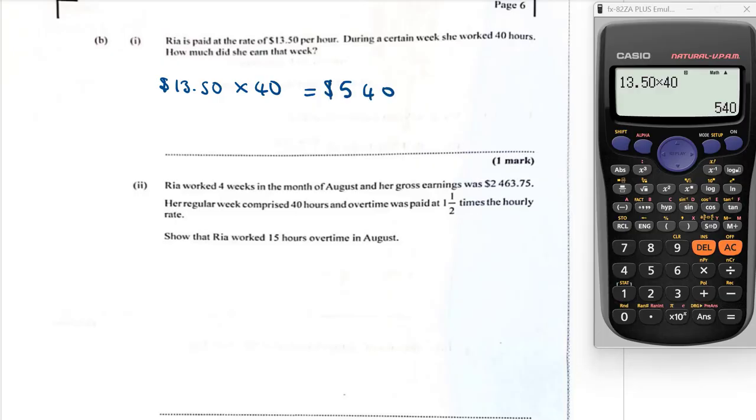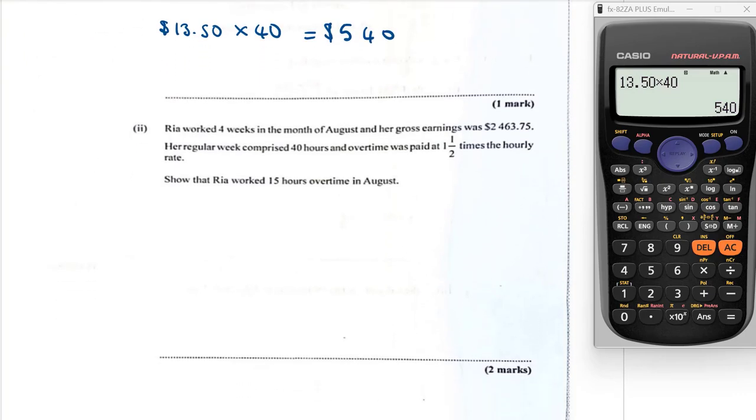So that's 1 mark. Now, the next part of the question is saying Rhea worked 4 weeks in the month of August, and her gross earnings was $2,463.75. Her regular week comprised of 40 hours, and overtime was paid 1.50 times the hourly rate. Show that Rhea worked 15 hours overtime in August.